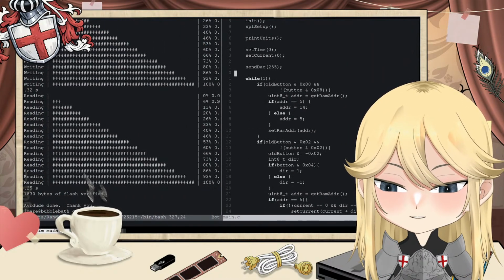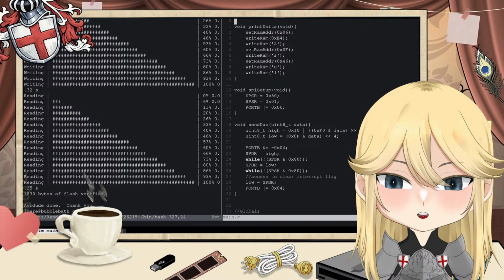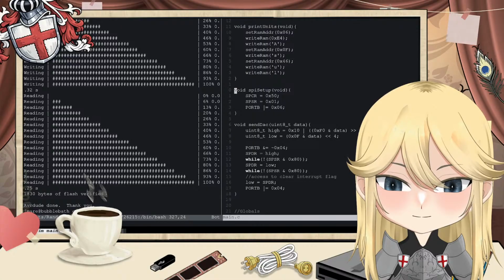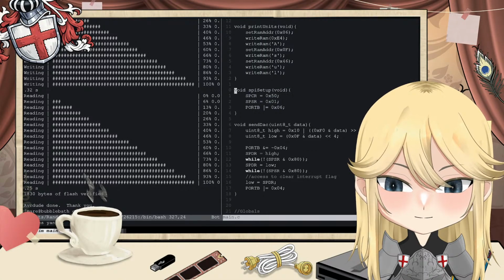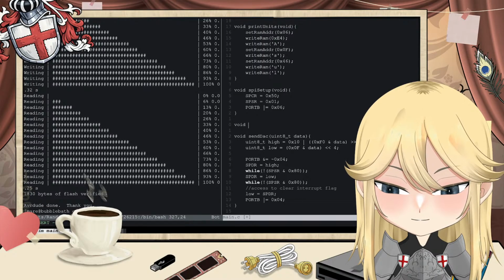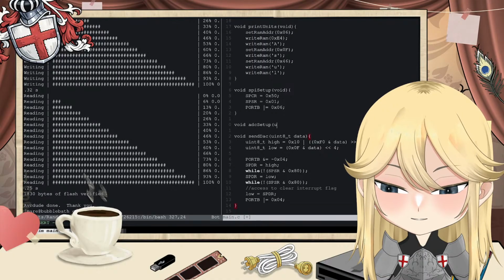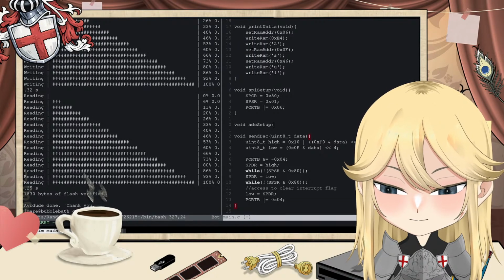So let's make a new function called ADC setup. Void ADC setup. Hello, void.